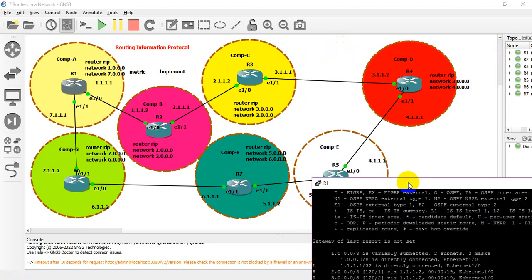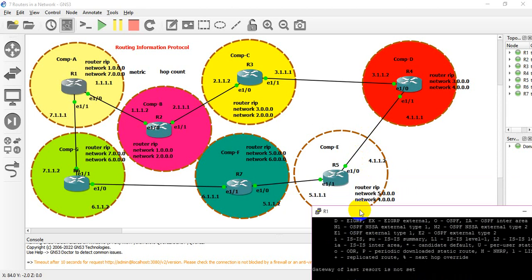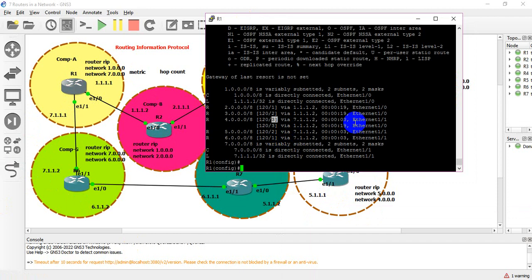Yes, this network will come to this router this way, like this, via 7.1.1.2, which is in front of this router. Like in this case, the two network was coming to this IP because it was in front of this port. In front of this port is 1.1.1.2, so it will come like this. And another thing is how many routers come between four network and this router. So obviously one, two, three. So three routers. But look at this, three routers, three hop count via 7.1.1.2.